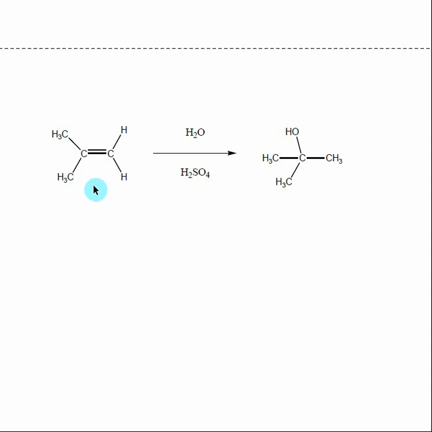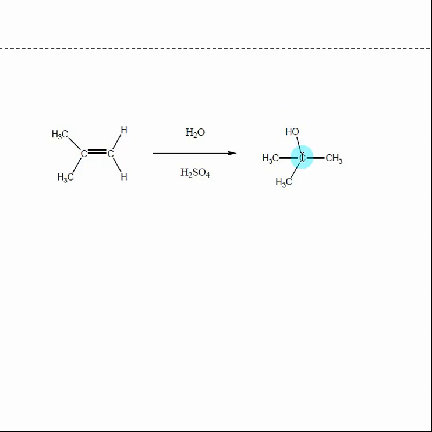I like to think about things differently when I go from reactants to products, though. To go from reactants to products, what I do is I break this double bond, I form 2 single bonds, and then what goes on those 2 single bonds for a hydration is a hydrogen and an OH. And the OH in this case goes on the more substituted carbon. So here, this carbon in my reactant is this carbon in my product.